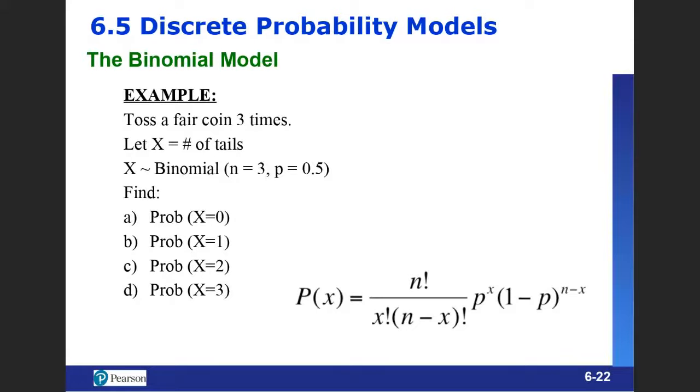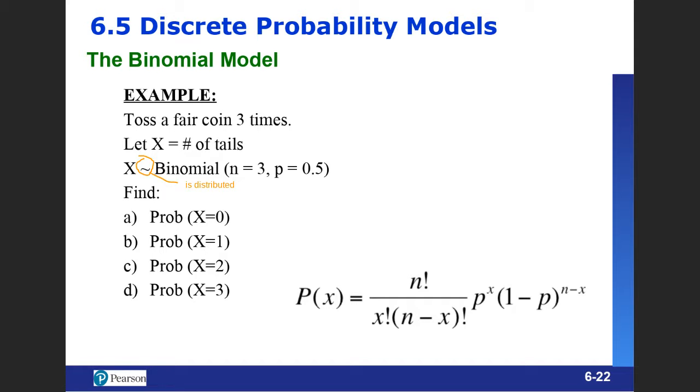Going back to the question here: toss a fair coin 3 times, let x equal number of tails. This little squiggly line is read as 'is distributed.' So x is distributed binomially with n equal 3 and p equal 0.5.